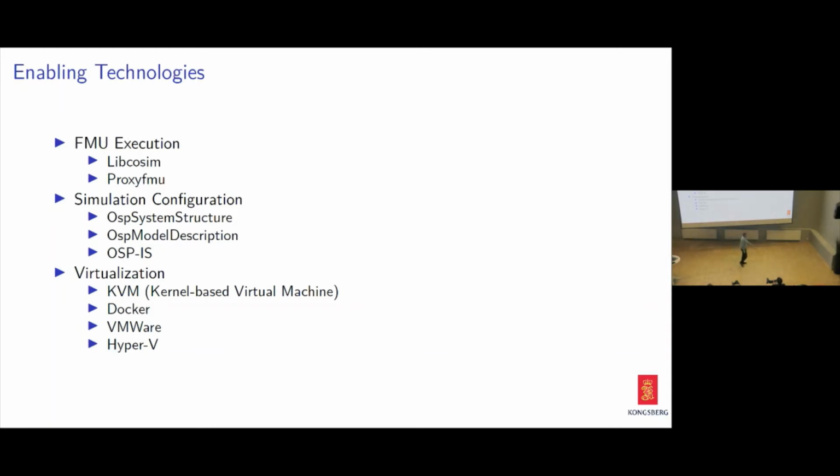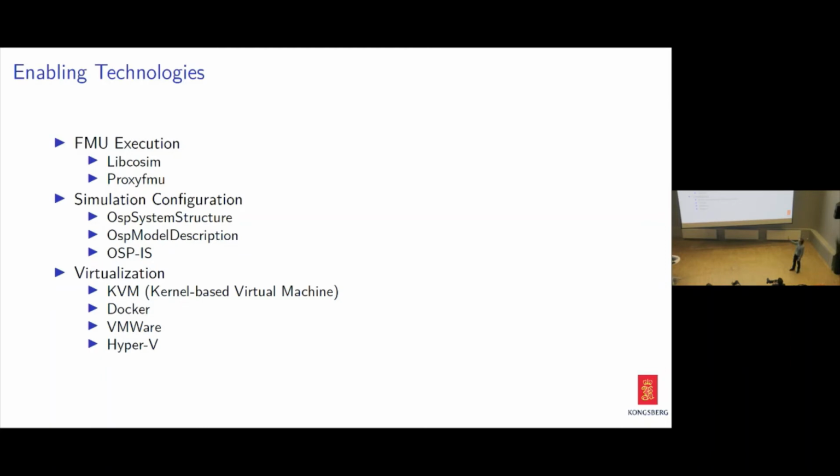So luckily, OSP gives us some of these tools. We have libcosym, which is the general library for running FMUs locally. You have proxy FMU, which gives you the ability to run them on other machines together with libcosym, which is really, really neat.